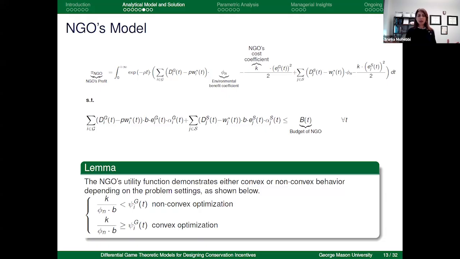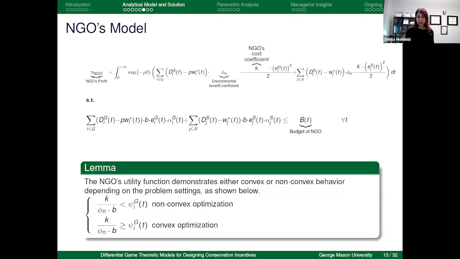And by examining the structure of the Hessian matrix, the second derivatives of the utility function with respect to all decision variables, we show that the NGO's utility function can be either convex or non-convex, depending on the problem setting and parameters such as cost coefficients and environmental benefit, as shown here.